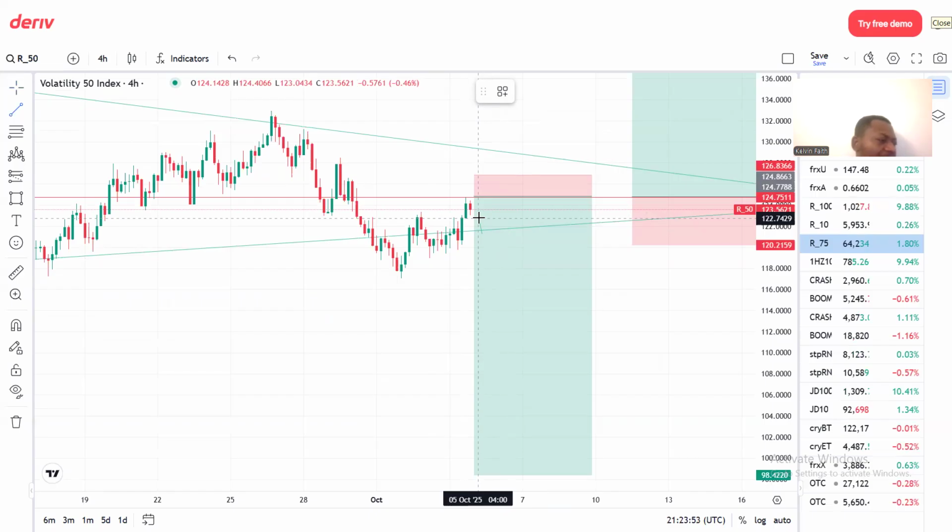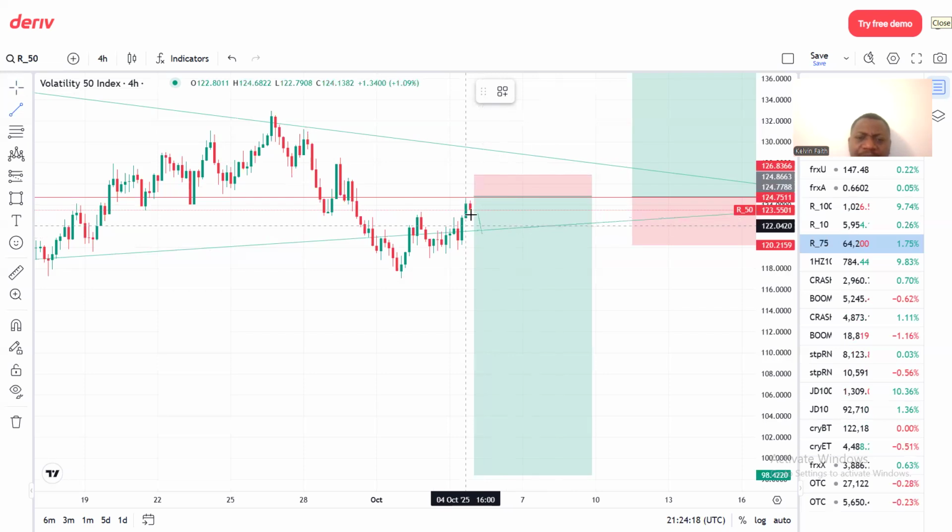It's 3 my time now, and it will close around 6 my time. So we have 2 hours and some minutes, and this bearish candle can engulf. Yeah, it can drop very big.